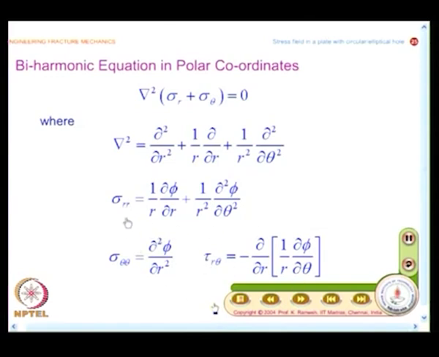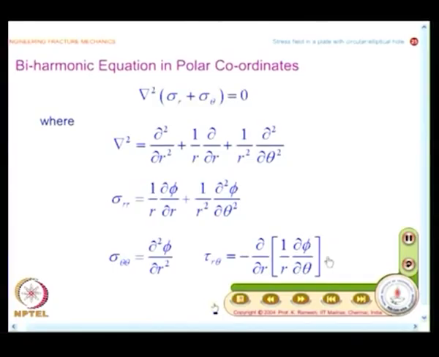Sigma r is given as 1 by r dou phi by dou r plus 1 by r squared dou squared phi by dou theta squared, sigma theta theta as dou squared phi by dou r squared, and tau r theta equal to minus dou by dou r of 1 by r dou phi by dou theta.